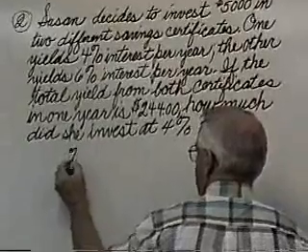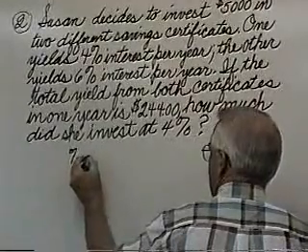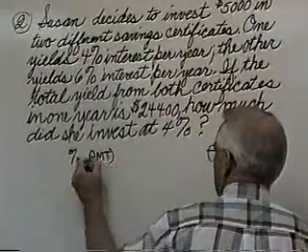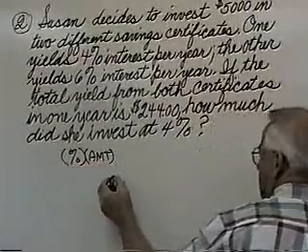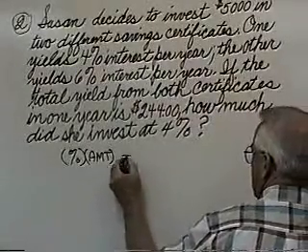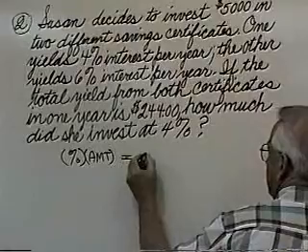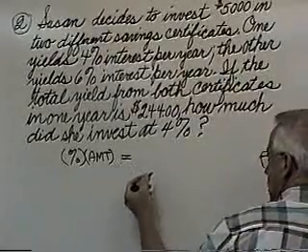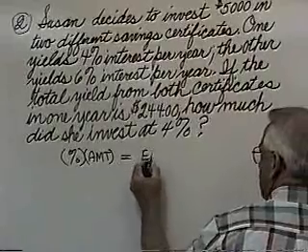You take the percent times the amount of investment. Percent times amount of investment, and that's going to equal what you earn. Okay? This is how much interest you're going to have, how much money you're going to earn.